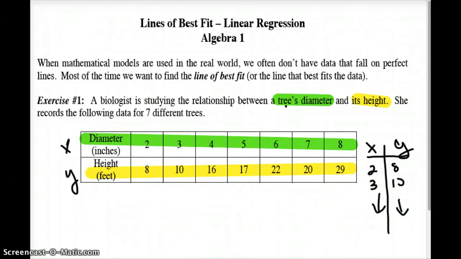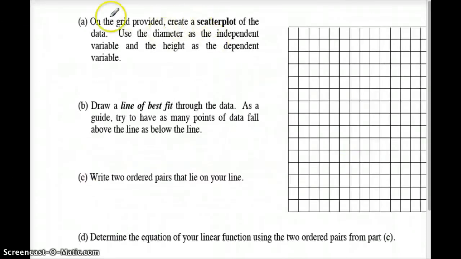Next, let's look at what they want us to do. On the grid provided, create a scatter plot of the data. Use the diameter and the height, with diameter as the independent variable. Diameter, I think we had highlighted in green. So diameter is the independent, and the height is the dependent.